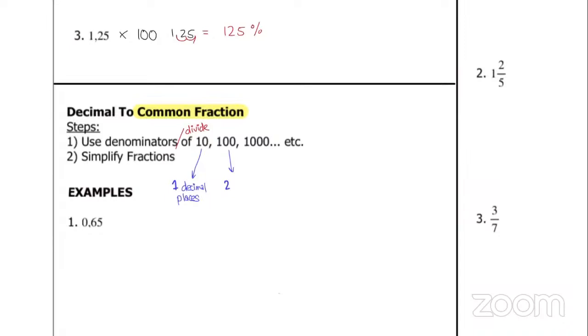When we have two decimal places, we divide by 100. And finally, when we have 3 decimal places, divide by 1,000, and so on. Okay, and so on and so forth.